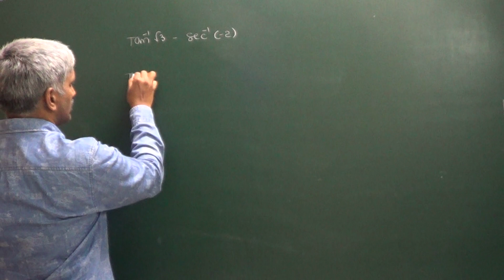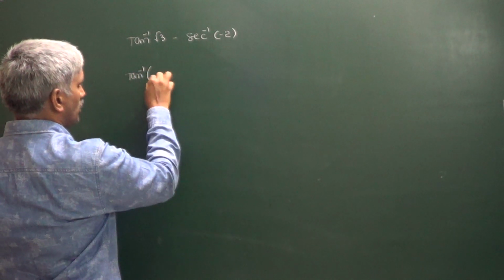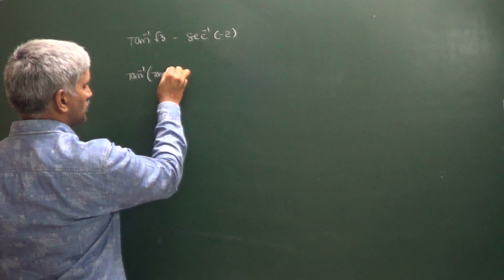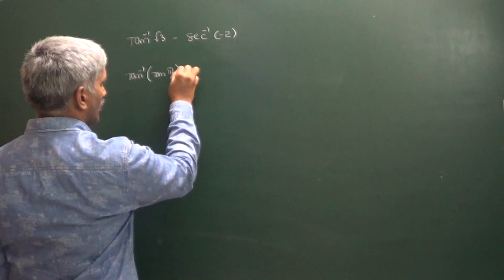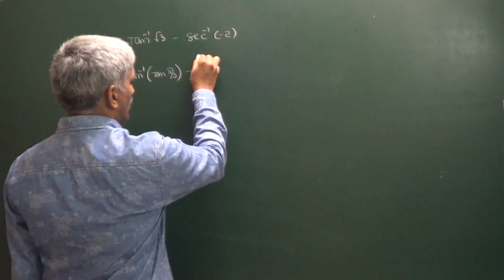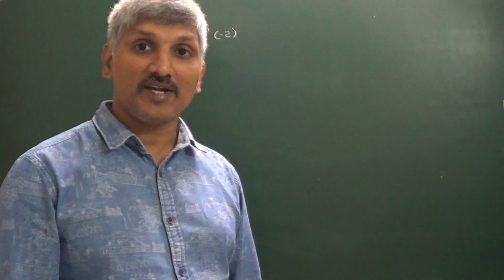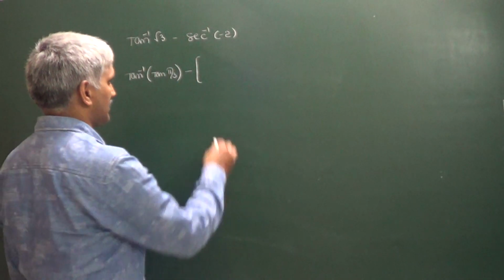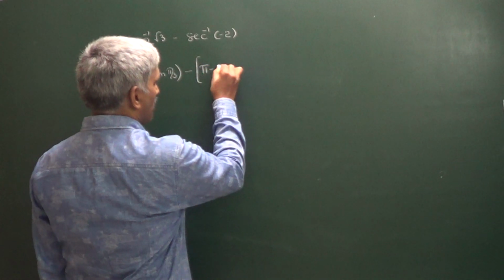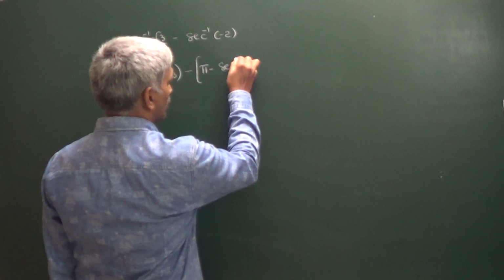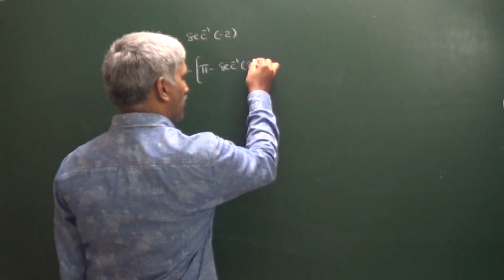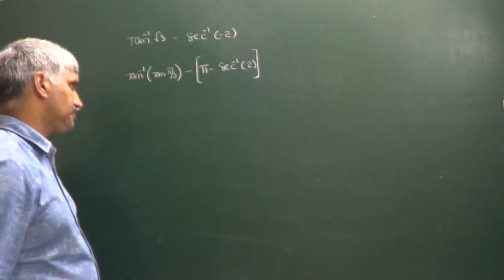We can write tan inverse of root 3 as tan inverse of tan 60 degrees, minus, as we discussed, secant inverse of minus x can be written as pi minus secant inverse x. That's why here we can write pi minus secant inverse of 2. Earlier problem also we can do like this.